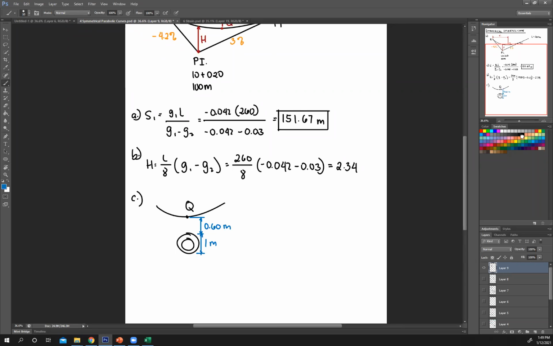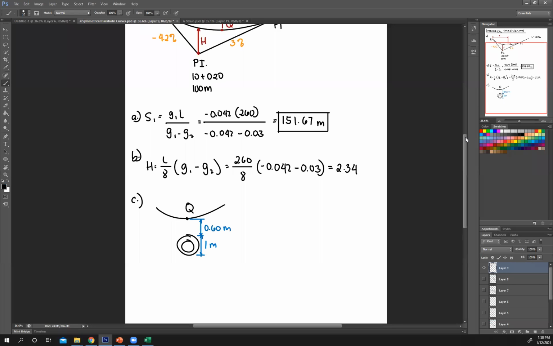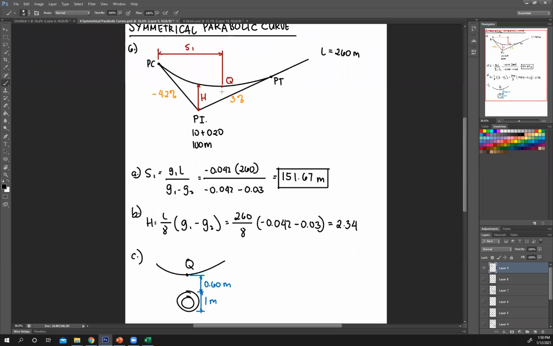Okay, so we're looking for the elevation of your culvert. To get that, one thing we can do is, so it's somewhere here.